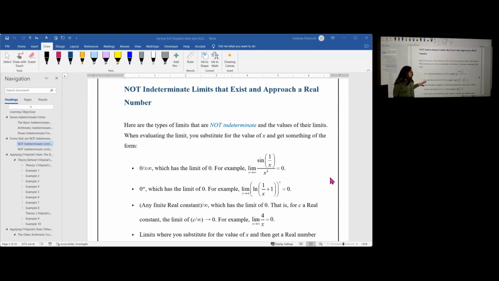What about 0 to the infinite power? Well, it has the limit of 0. Here's an example of that particular problem. The natural log of 1 over x plus 1, all of which is raised to the x power as x approaches infinity.